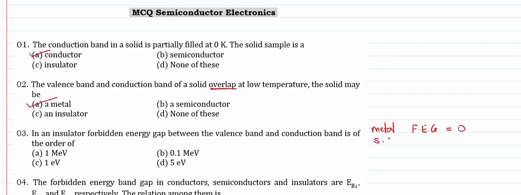In semiconductors, forbidden energy gap will be around 1 electron volt. In insulators, forbidden energy gap will be greater than 3 electron volt. So here he has asked in insulator. So if you observe the options, D is the answer, 5 electron volt.